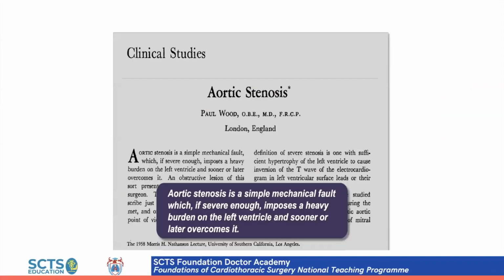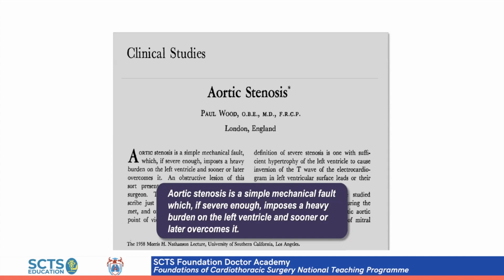The very first descriptions of the condition of aortic stenosis actually came from Paul Wood. Paul Wood was a cardiologist at the Royal Brompton Hospital, the National Heart Hospital at the time. In a lecture he gave in 1958, he described aortic stenosis as a simple mechanical fault, which, if severe enough, imposes a heavy burden on the left ventricle, and sooner or later it can overcome.